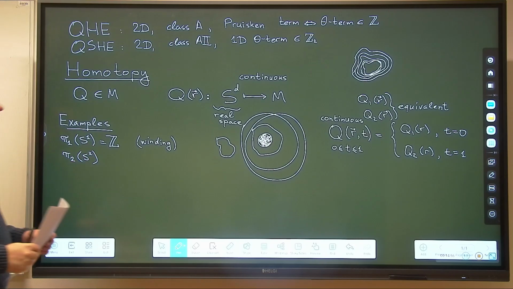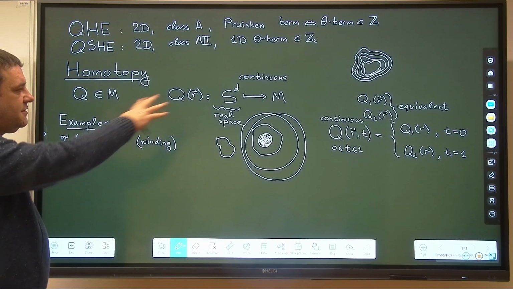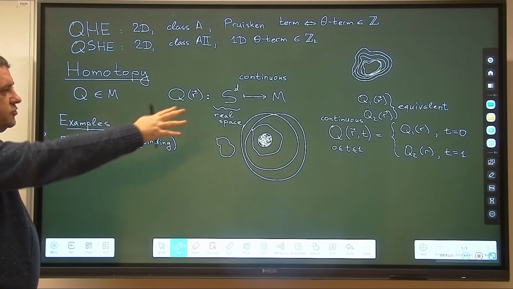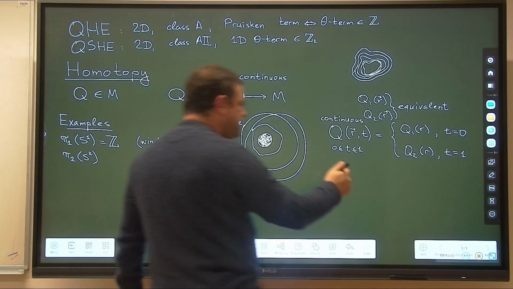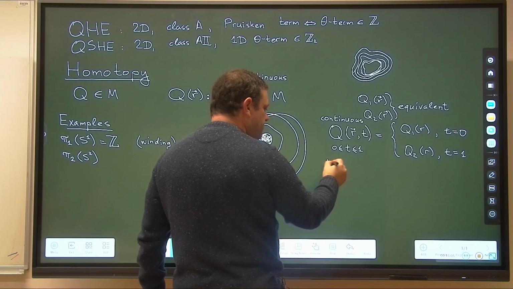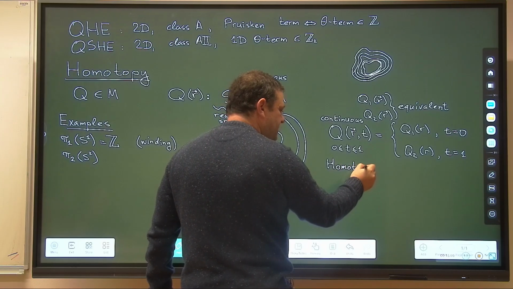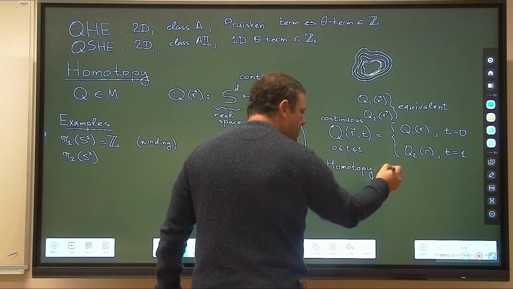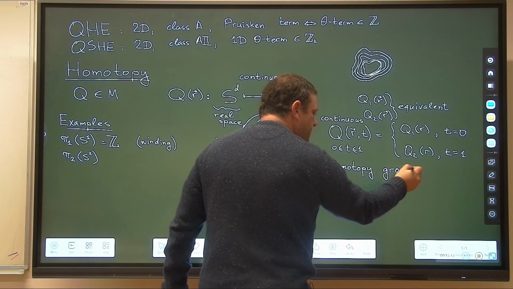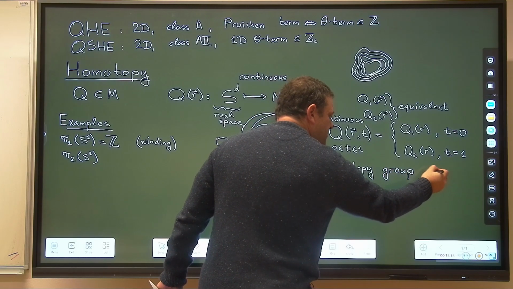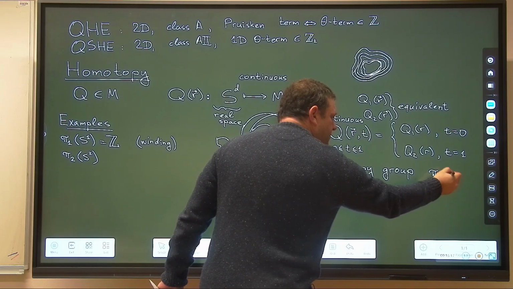Another example, which we also discussed before, pi 2 of S2. I forgot to say that these different homotopy classes form a group which is called the homotopy group, and which has a notation. The homotopy group is denoted pi with an index d of m.